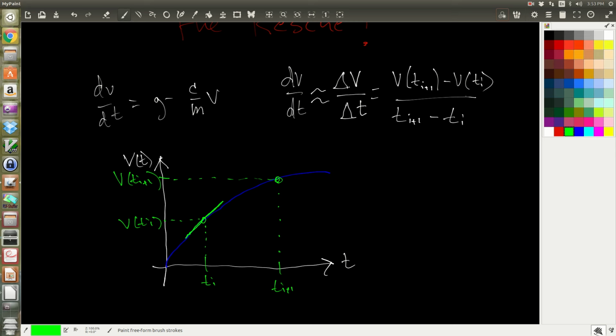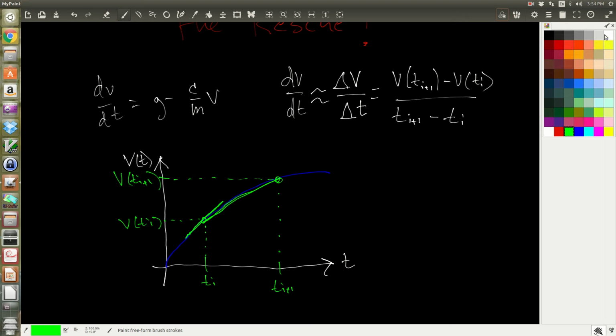But what we're doing up here is approximating the derivative by saying, hey, let's take a line in between these 2 points, a secant line to this curve actually, and we're going to use the slope of this line to approximate the derivative at t i. We call it a forward finite difference approximation because we're using a point that's in front of, or forward of, the point that we're interested in, t i.